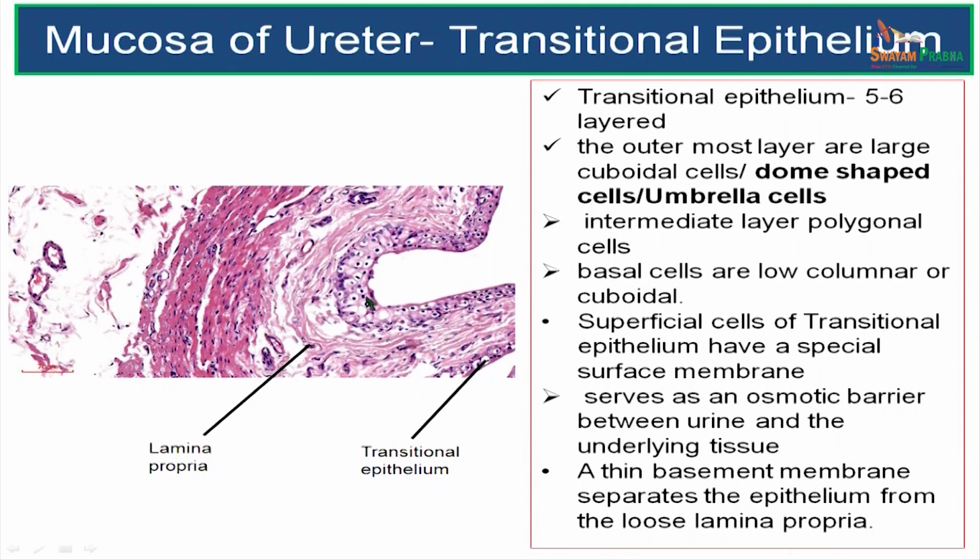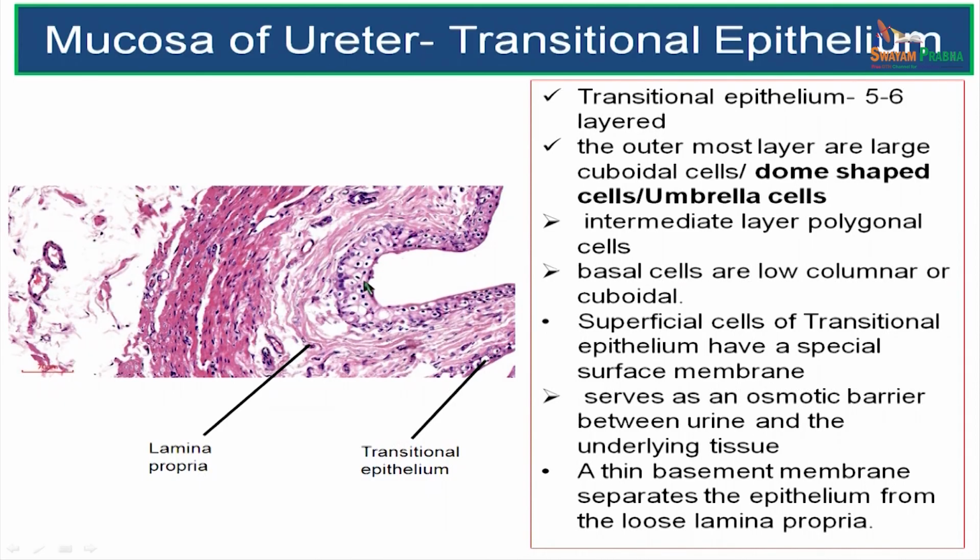Now let us look at some of the details of the epithelium, that is the transitional epithelium. When the ureter is empty, the transitional epithelium is 5 to 6 layered. The cells of the topmost layer are called dome shaped cells or umbrella cells, they are cuboidal cells.